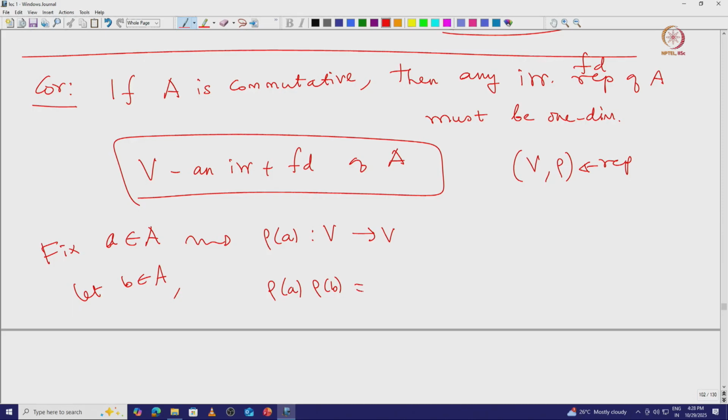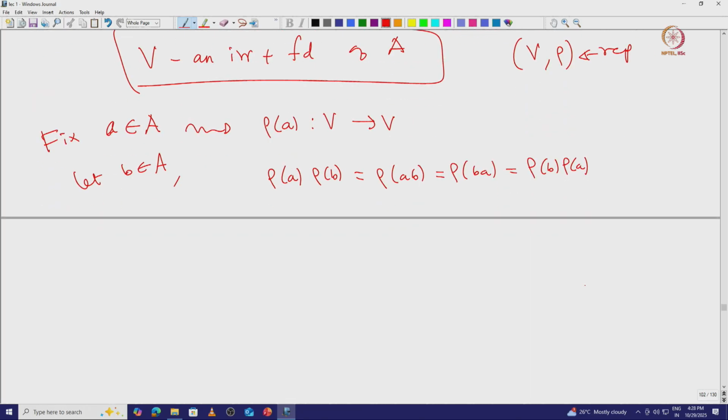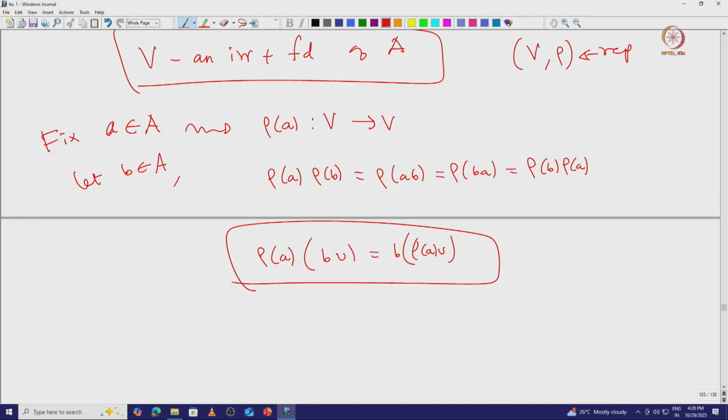If you compute rho of a times rho of b, that is rho of ab, which is the same as rho of ba, which is rho of b times rho of a. So, rho of a applied on b times v is exactly b times rho of a applied on v. So, rho of a is indeed a homomorphism of representations.